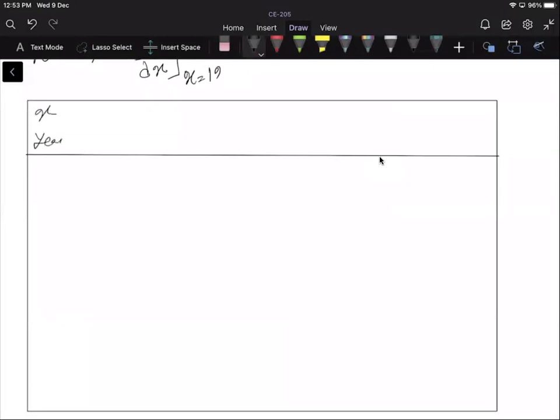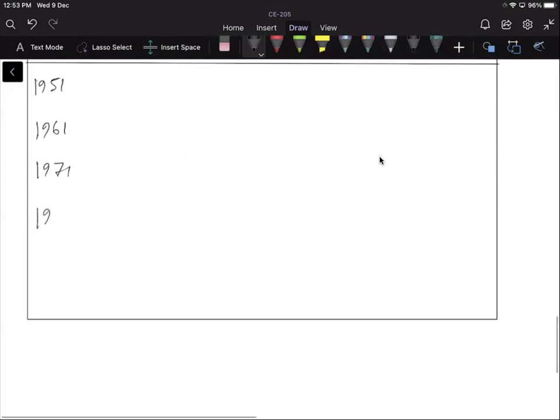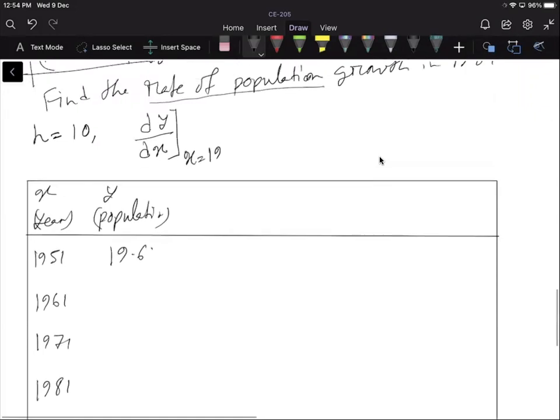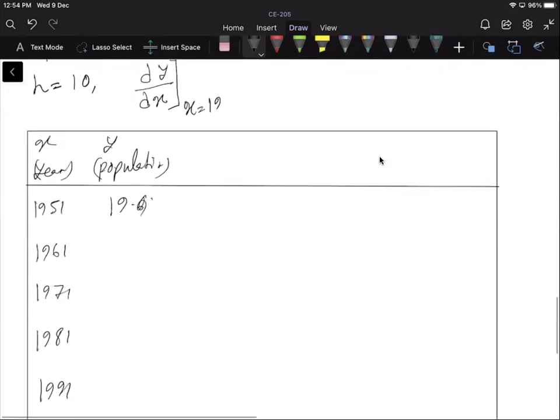x is the year, y is the population, with corresponding populations 19.96, 36.65, 58.81.